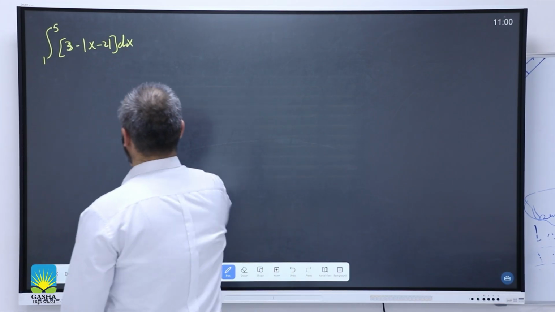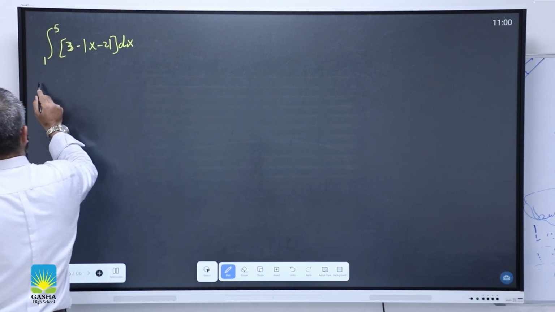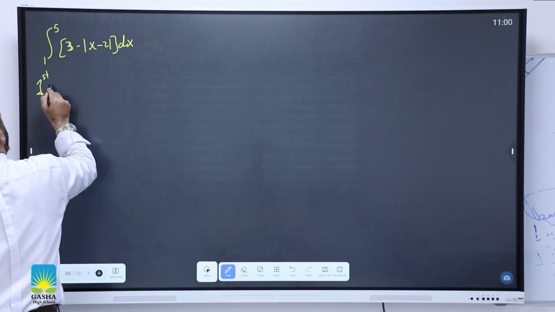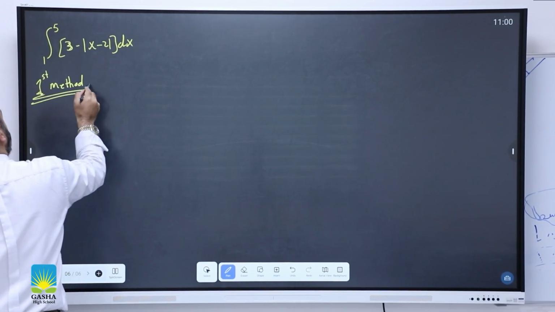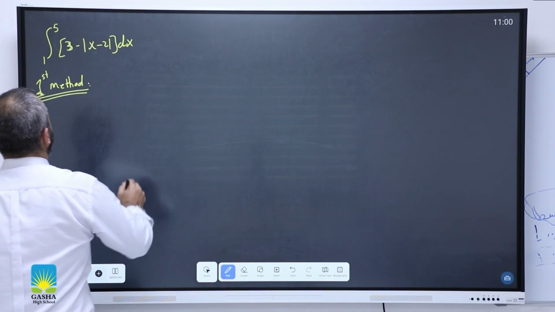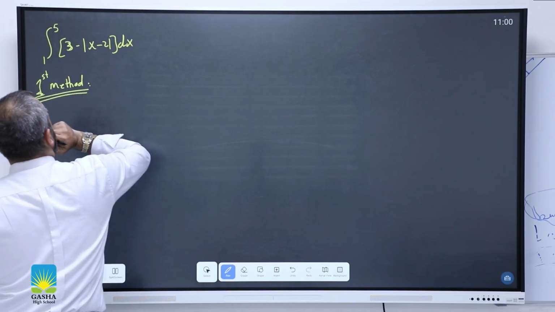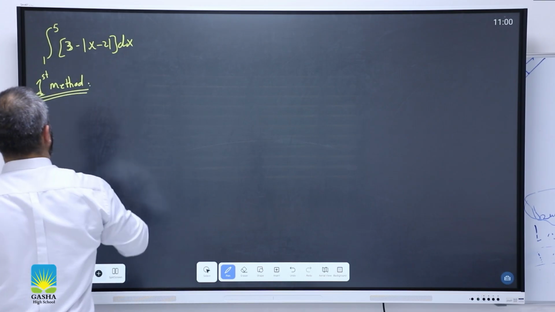What's the result of this? We have some methods. The student can use one of these methods. First, we find the integral of this absolute value.